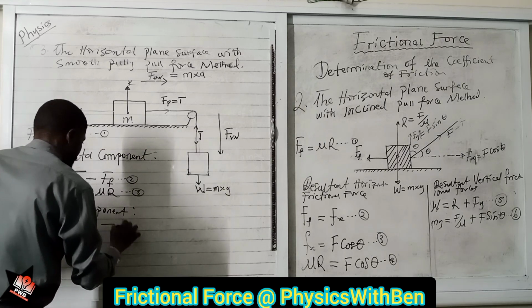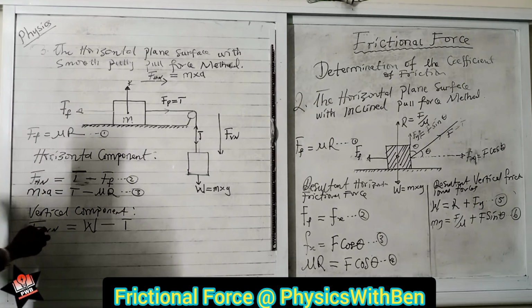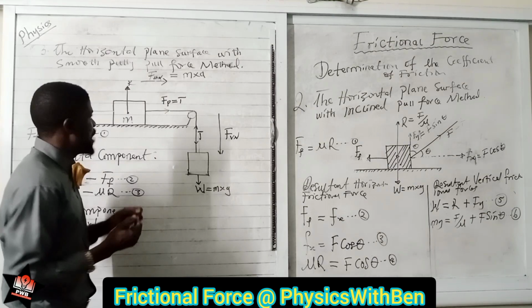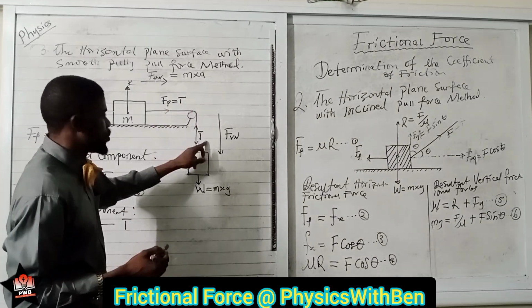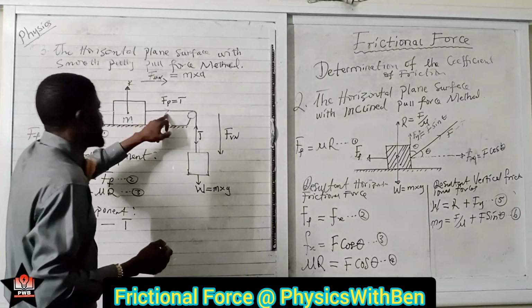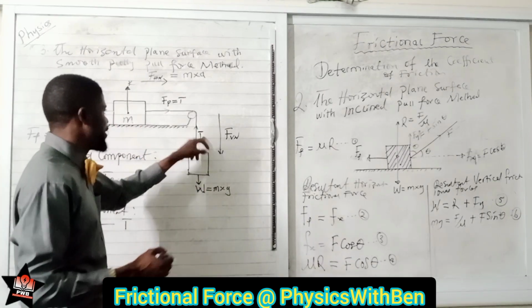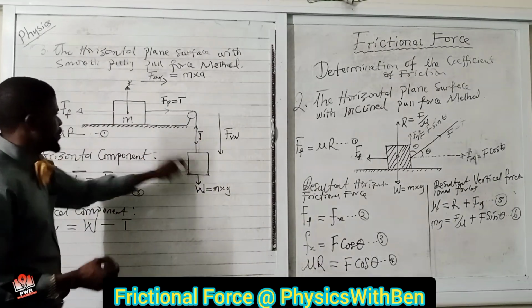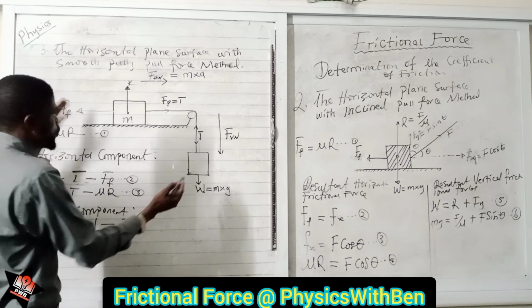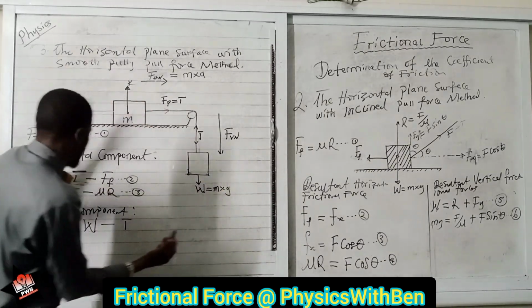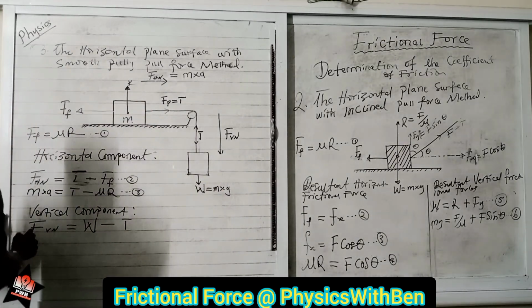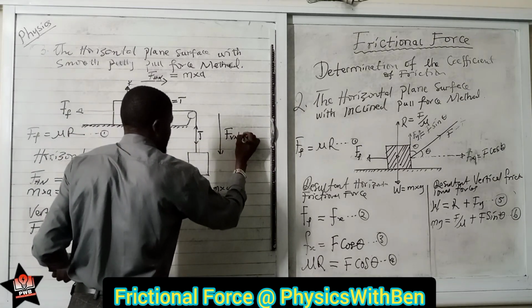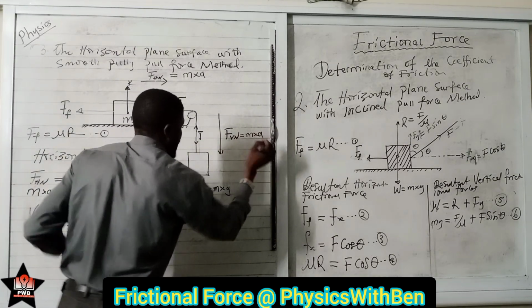So we write this weight minus this tension. And it will interest you to know that we have nothing like tension 1, tension 2, because the tension created here is still the same tension created here. Just as these bodies, the masses are not the same, so they will move simultaneously. So this is also an acceleration: mass times acceleration.